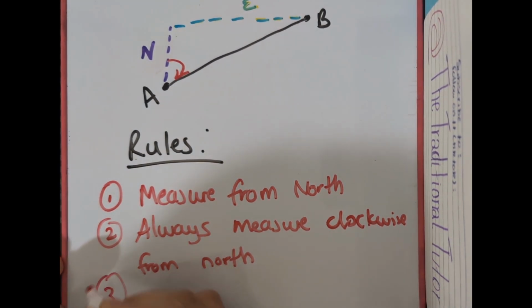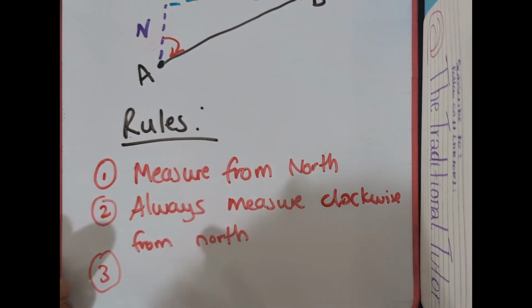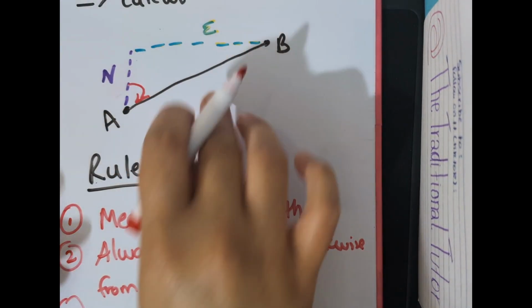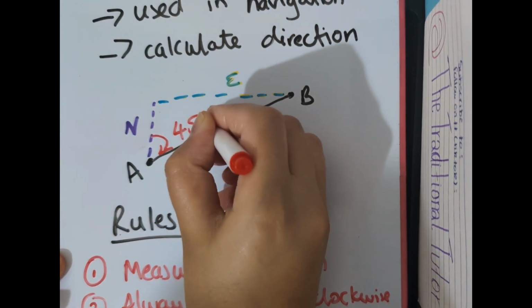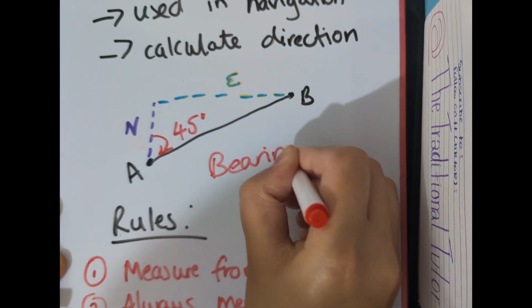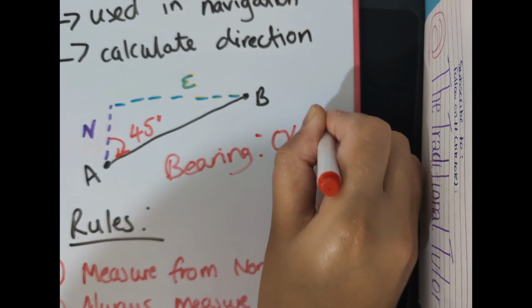And then the last main thing, which again students tend to remember these two and then forget the last one, is you always write them in 3 digits. For example, if this angle here, I'm just going to assume and estimate that it's 45 degrees. If it's 45 degrees, the bearing is actually going to be 045 degrees.